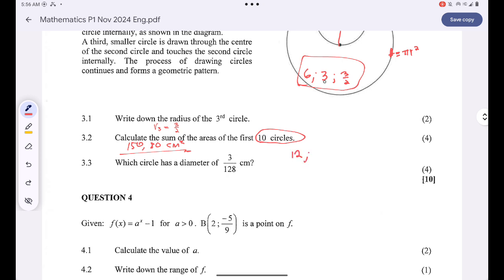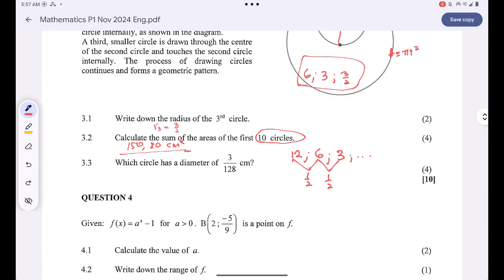If the second circle has a radius of 3, its diameter is equal to 6. If circle number 3 has a radius of 3 over 2, its diameter is just equal to 3. This will go on and on. And if you find the common ratio over here, guys, we will also find a half.